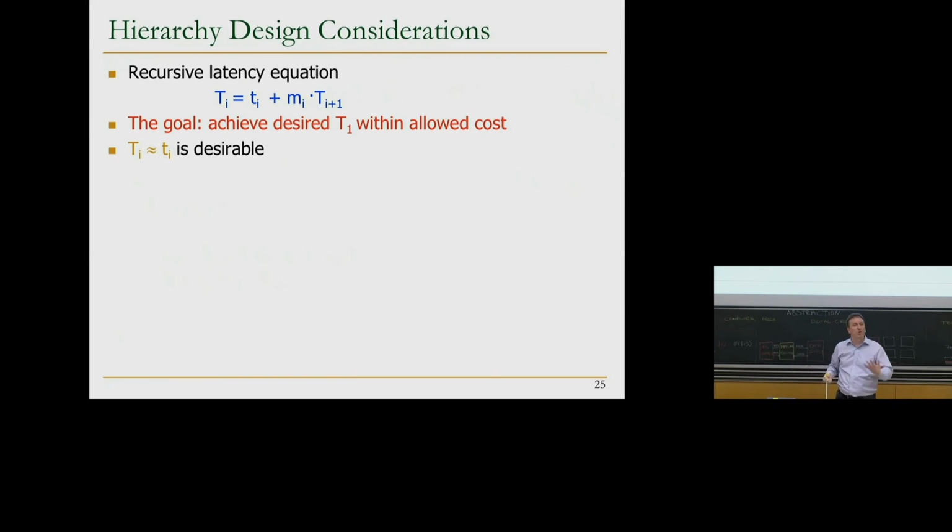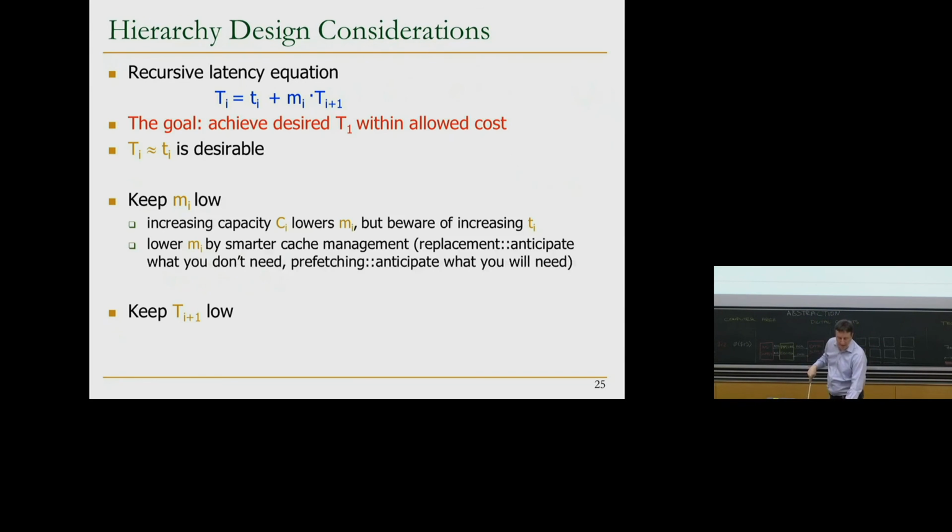So at the first level of the memory hierarchy, at the first level of your cache, you want to have it working well. If you look at the formula, it's very simple. You have to keep the miss rate low. You have to keep the access time low. How does this work? For the miss rate, you have to make sure that the capacity of your cache is big.